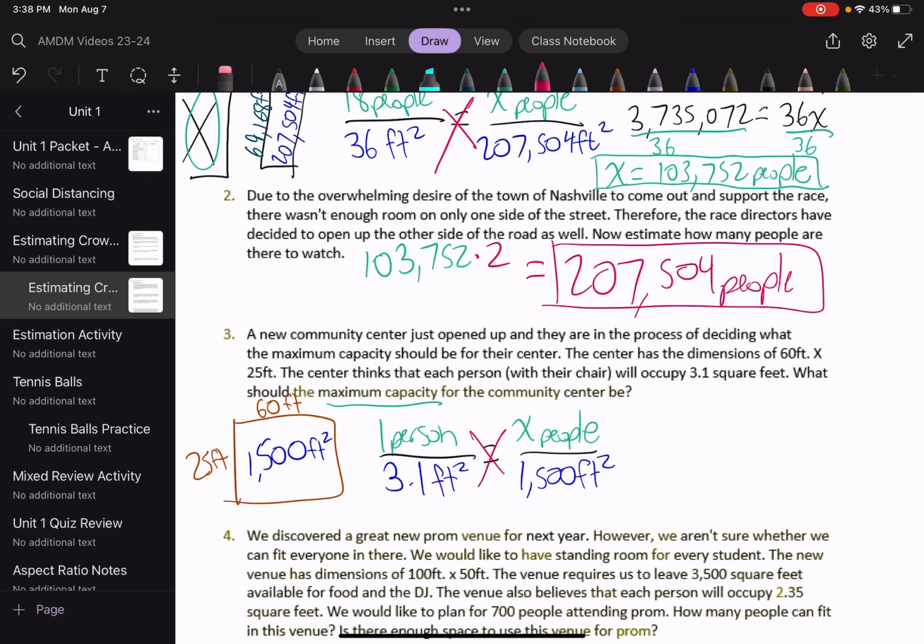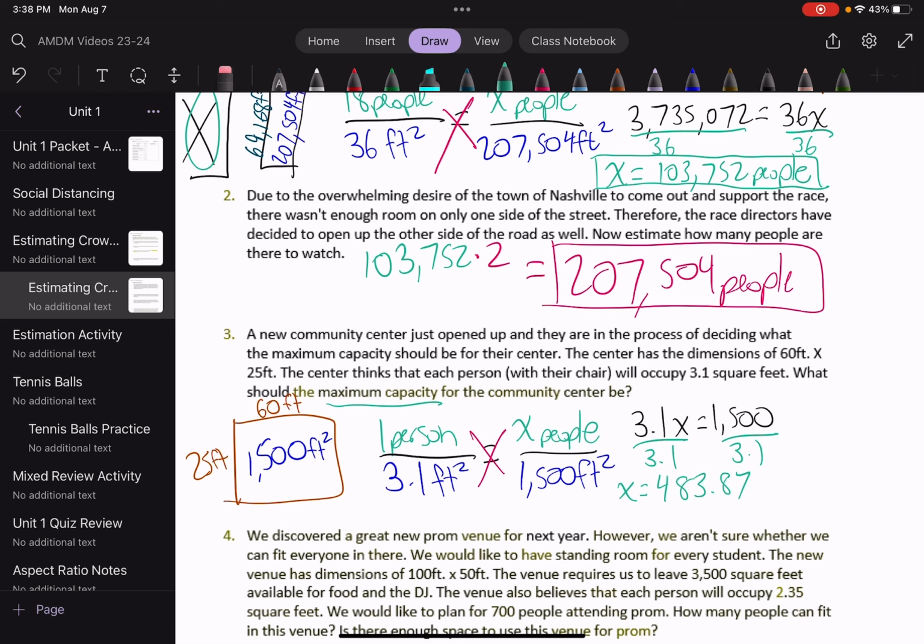I now can cross multiply to get 3.1x is equal to 1,500. Last step I need to do is divide by 3.1. Now, guys, you're going to get a decimal. And that's okay. So it's going to say x is like 483.87.